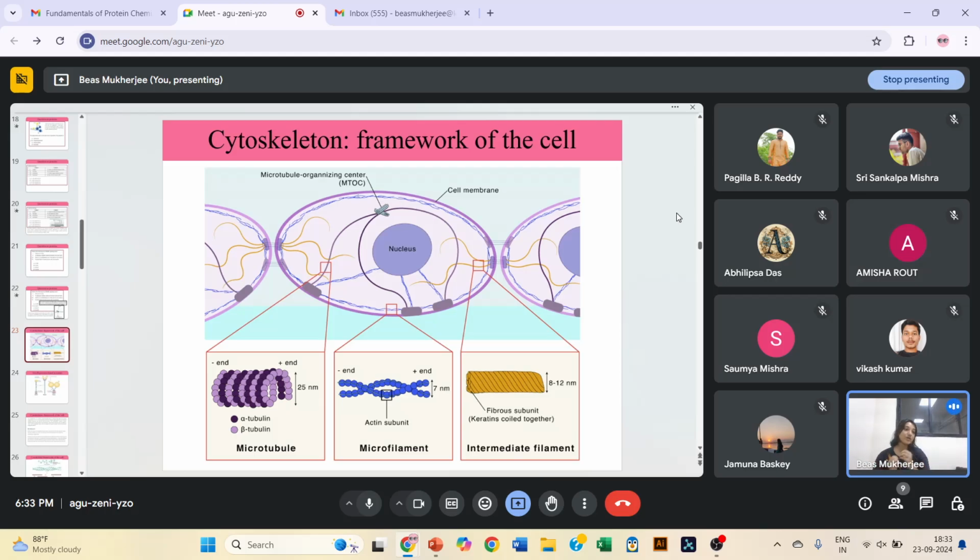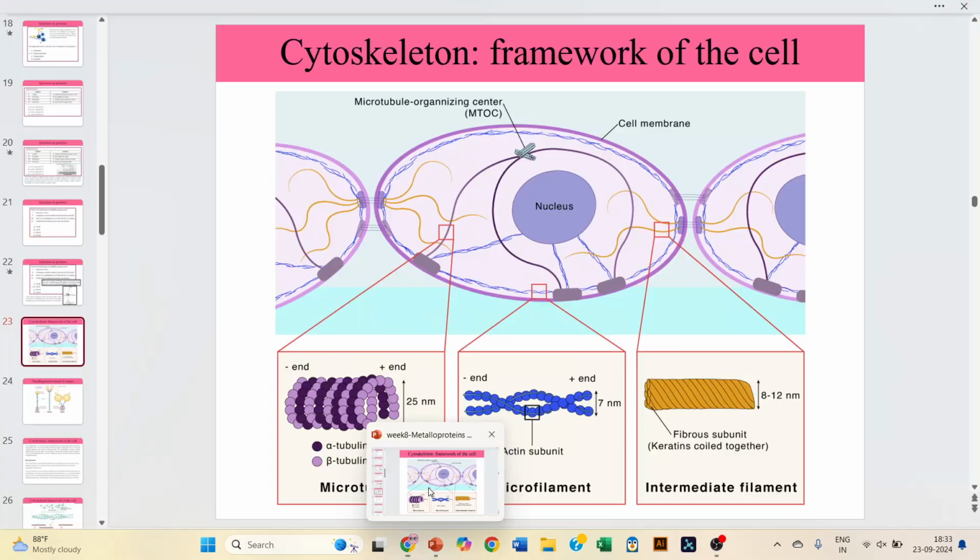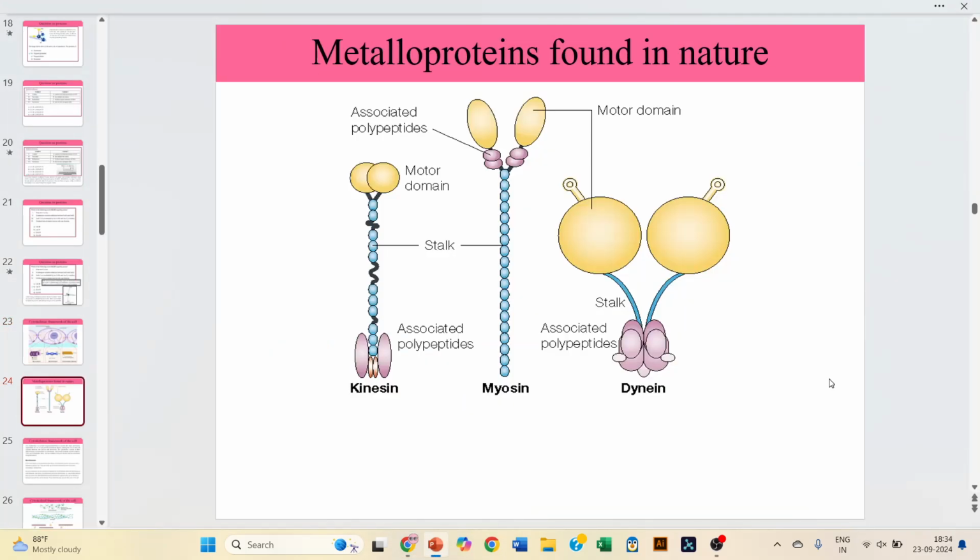So they are performing a wide range of functions. We will have a look at all of the components in the cytoskeleton. The 4-5 things that we will be focusing on are kinesin, myosin, dynein, and we will also be looking at actin, and some other components.